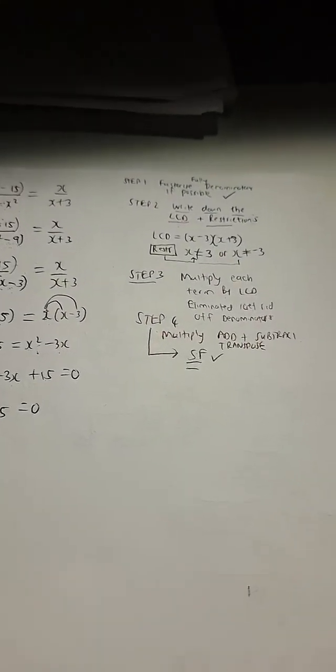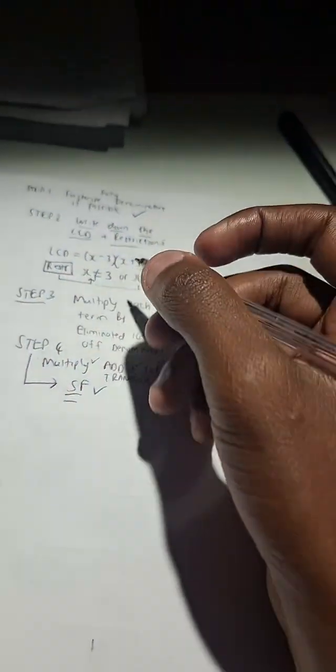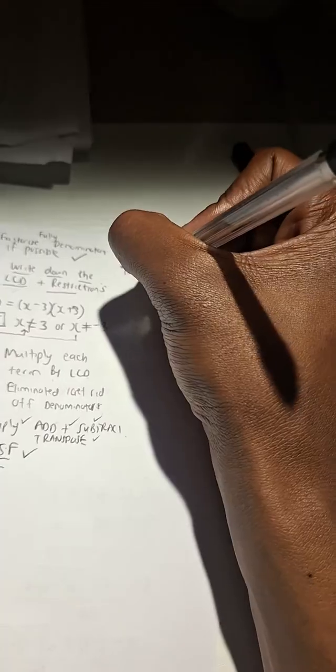Hoorah, hoorah, hoorah, which means I did all my multiplication, my addition, my subtraction, my transposing 100% correct. I put brackets. I think this is something I'm going to have to make sure here. Put brackets in the numerator where there are binomials.